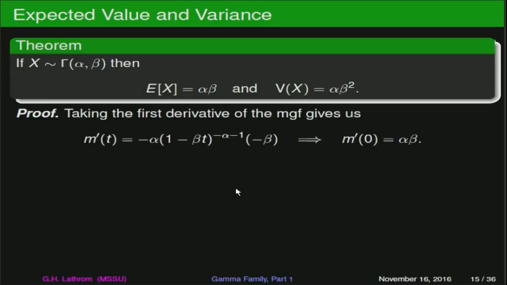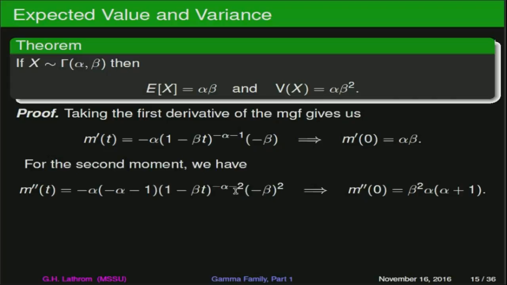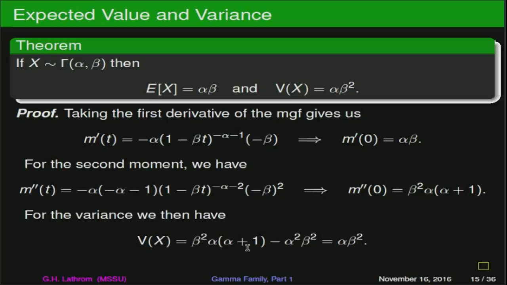For the second moment, we take the second derivative, plug in 0, and we get a value for the second moment of beta squared alpha times alpha plus 1. Then the variance, being the second moment minus the square of the first moment, gives us beta squared alpha times alpha plus 1 minus alpha squared beta squared, which just gives us, sure enough, alpha times beta squared.